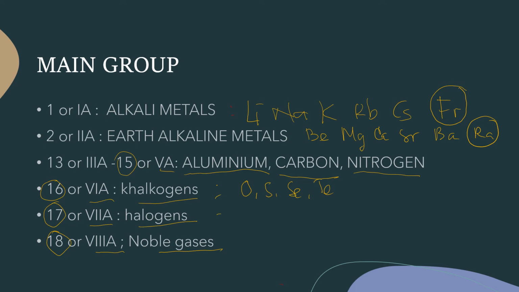For halogens, fluorine in period 2, and then chlorine, and then bromine and iodine, and the last is astatine. Noble gases start from helium in period 1, and then neon, argon, krypton, xenon, and radon. Radon is radioactive.